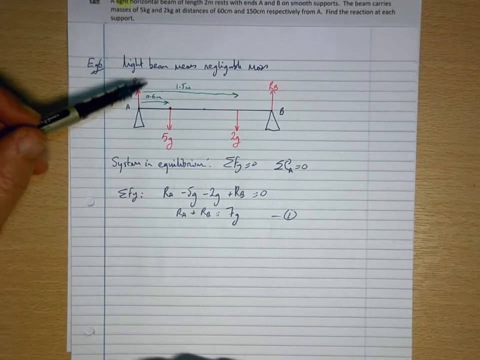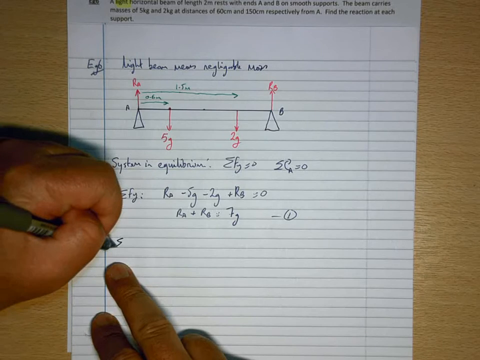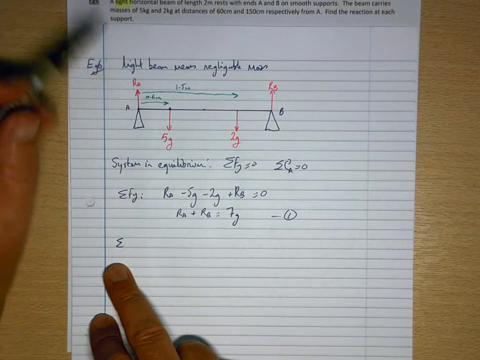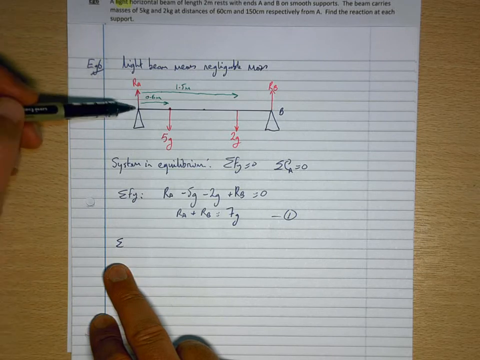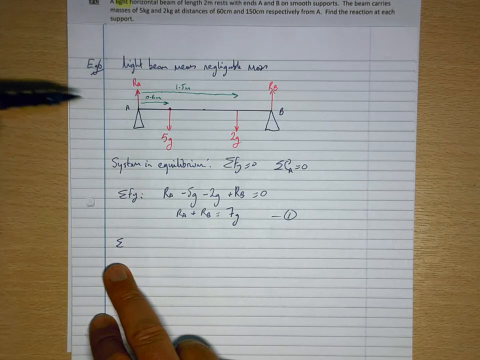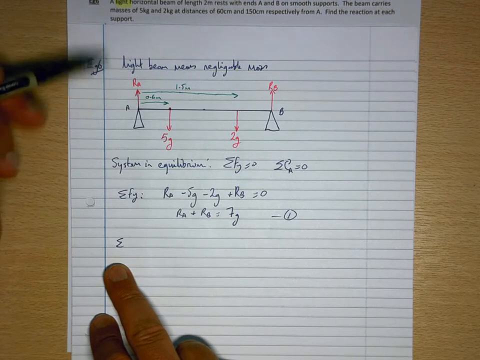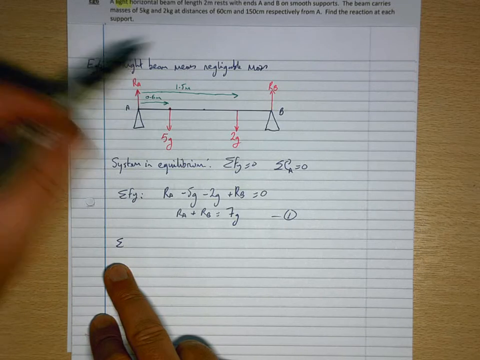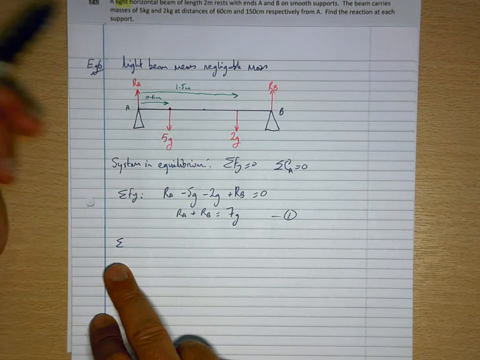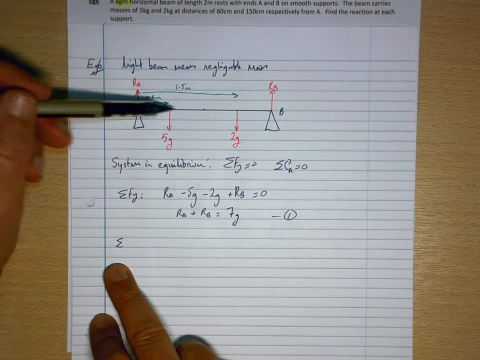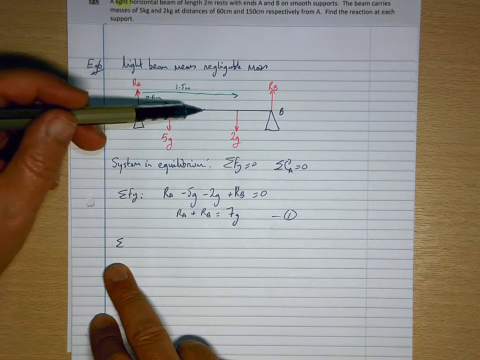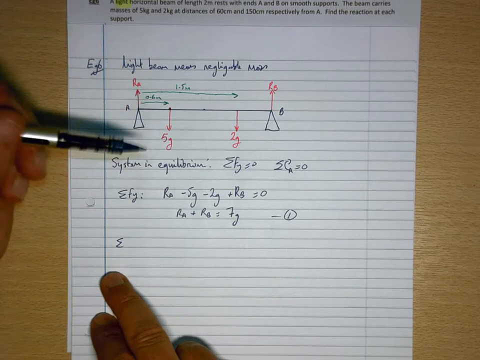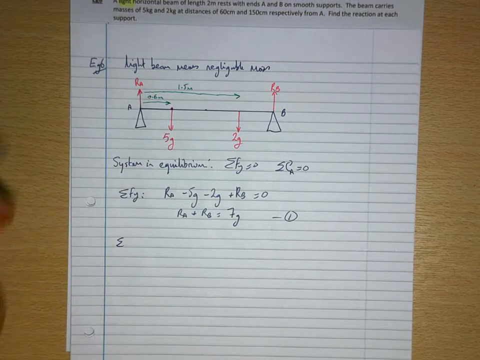Now, when I'm forming my moments equation, you're free to choose wherever you want, but it makes sense to pick a point which will make one of the unknowns have a moment of 0. So you're either going to take moments from A to make that go to 0, or moments from B to make that go to 0. You don't have to. You could form an equation by taking it from the centre, and then you'll have a pair of simultaneous equations with RA and RB in, but you're just making more work for yourself than choosing to eliminate.